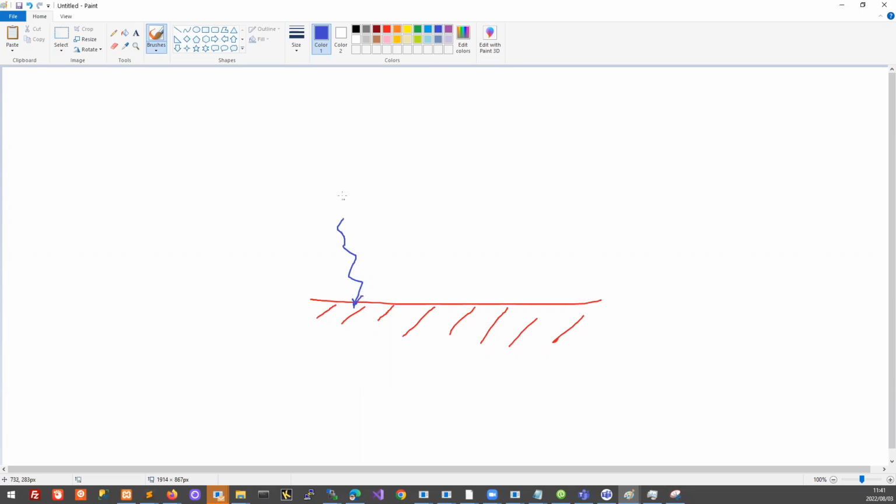It reacts, so this is A. So A reacts, and then coming out is B. So if that's the case, then both A and B are fluxing, but there's what's called equimolar counter diffusion.